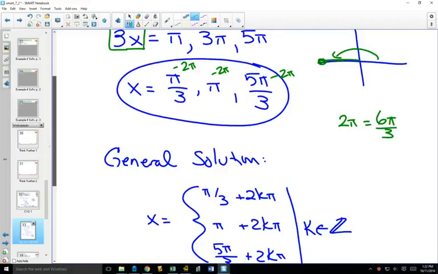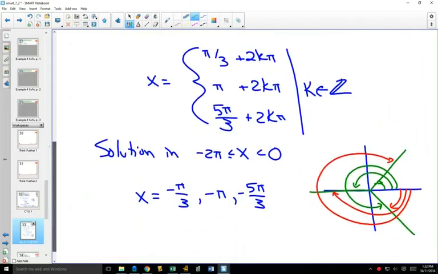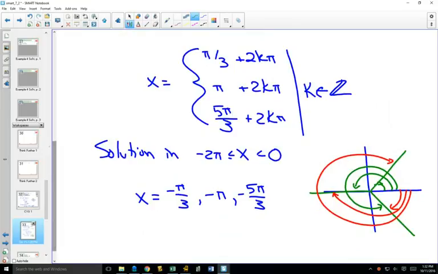So what's 5 pi over 3 minus 6 pi over 3? Negative pi over 3. What's pi over 3 minus 6 pi over 3? Negative 5 pi over 3. And that's another way that you could get those same answers. So we got our general solution, and we got our solution between negative 2 pi and 0.